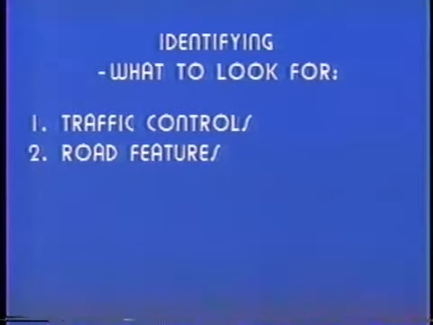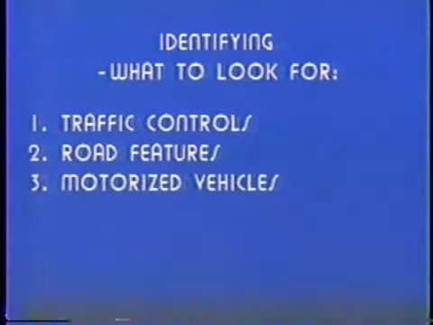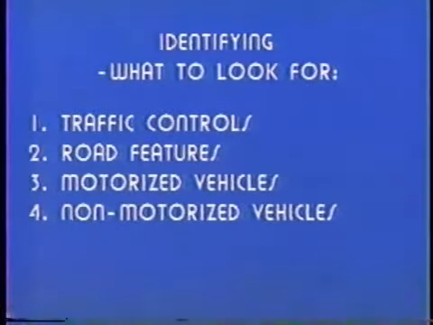Now, under identify, we have what to look for. We look for traffic controls, road features, motorized vehicles, and non-motorized vehicles. Under non-motorized vehicles we have such things as bicyclists and pedestrians.